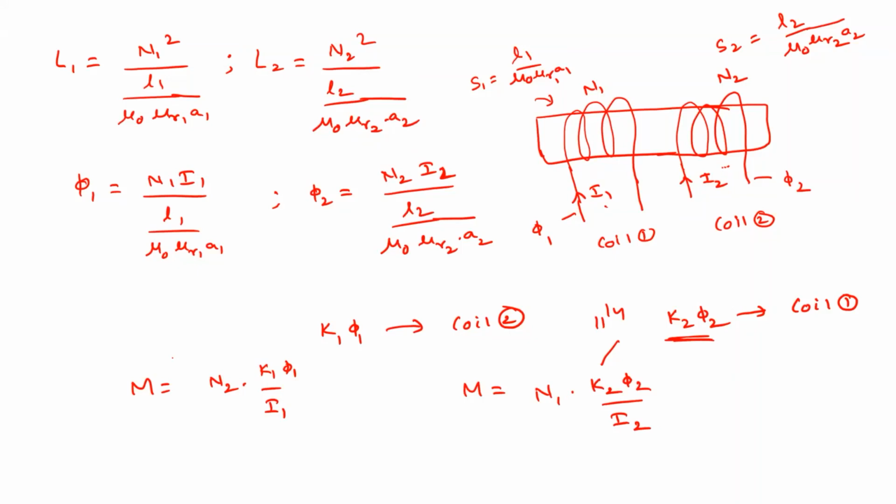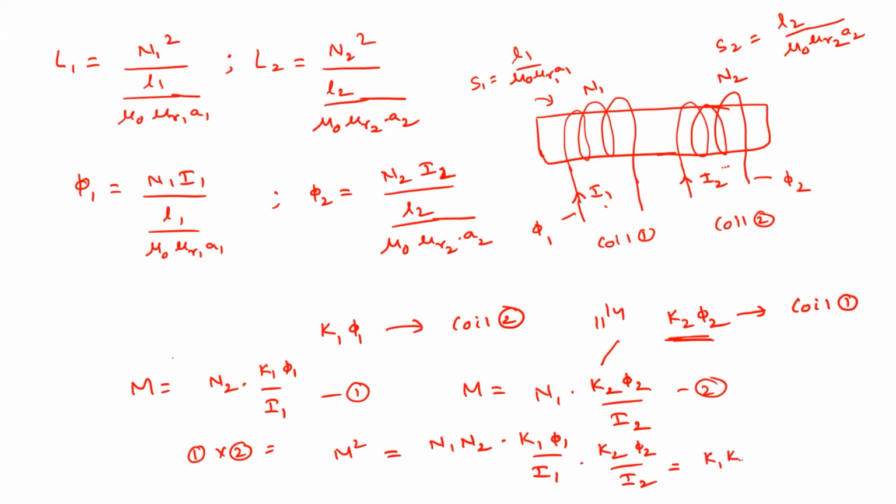So assume this is 1 and this is 2. Multiply 1 and 2, and that is M square. What is M square? It is N2 K1 phi1 by I1 into N1 K2 phi2 by I2. If you separate K1 and K2, what are you left with?